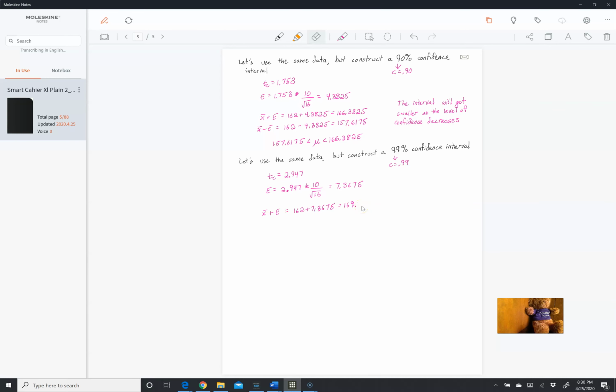This I wrote wrong. 169.3675, and then an x bar minus our margin of error, which is 162 minus 7.3675. Which is 154.6325. And notice our interval got bigger.